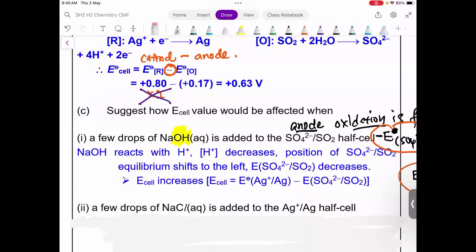So that value will become more positive, or in this case, more negative, because this one is without the negative sign. So when this decreases or becomes more negative, then you subtract a more negative value, it will increase your E cell. Do you get it? The E is always by default the reduction potential, standard electrode potential. Can?